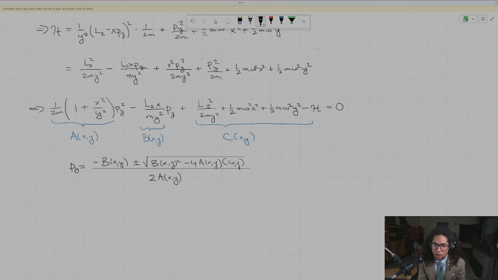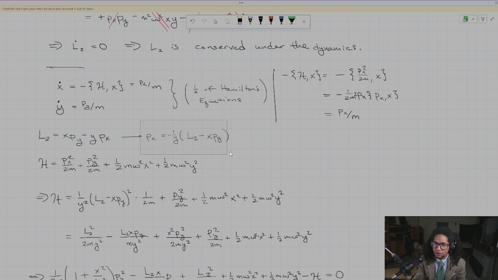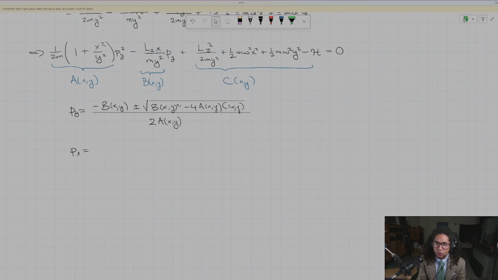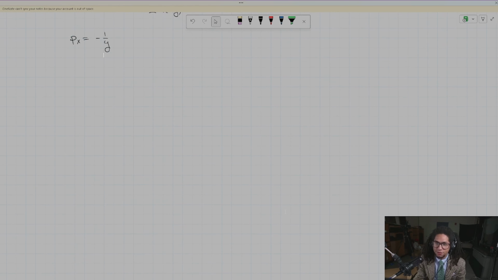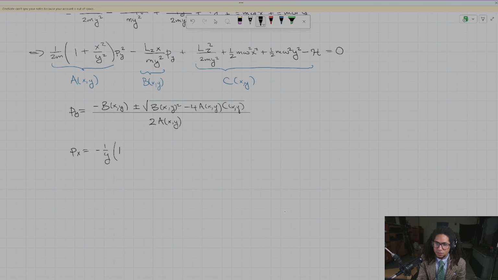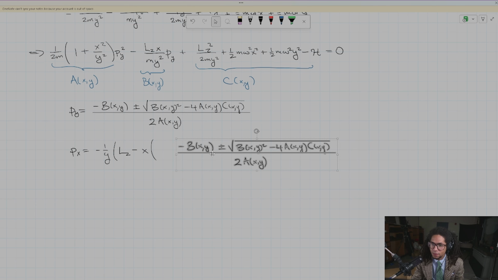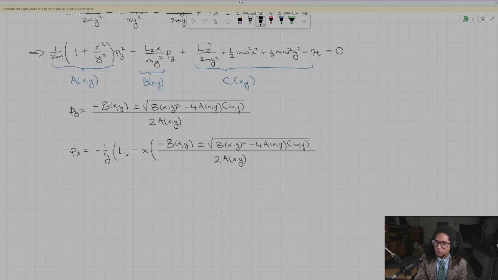This allows me also to figure out what px would be. Notice that px is given by this, so I would get minus 1 over y times lz minus x times all of that stuff. And because I have copy and paste here, to make my life really pretty easy, all right, so what's the idea here?